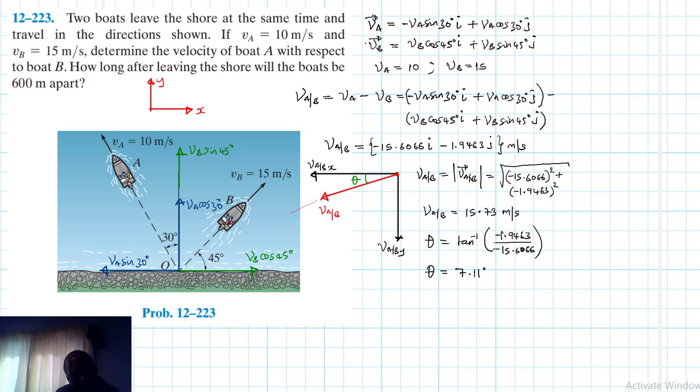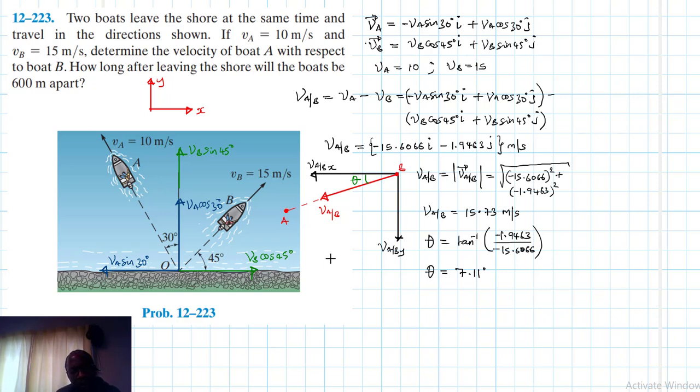So let's say this is A, this is B. Let's now compute, and these particular speeds are constant.